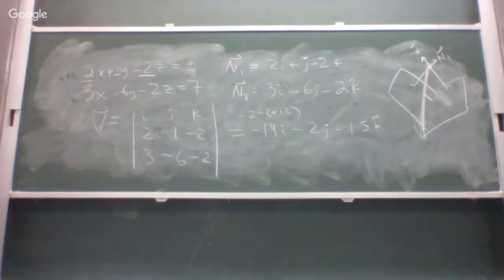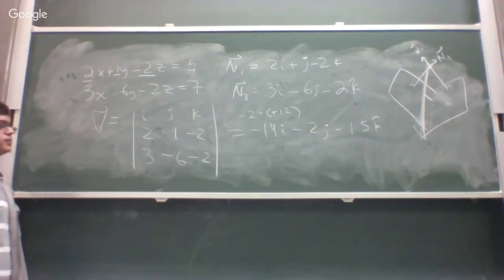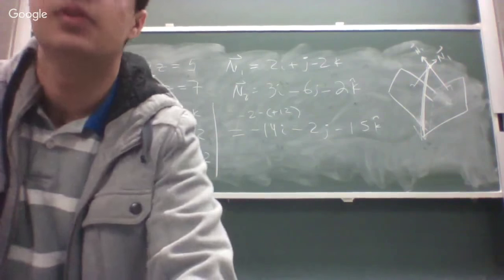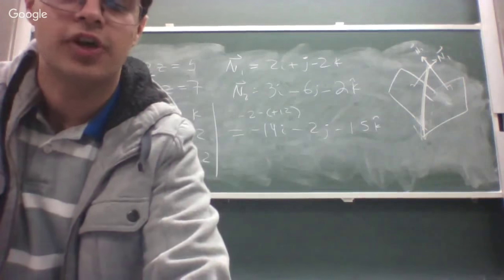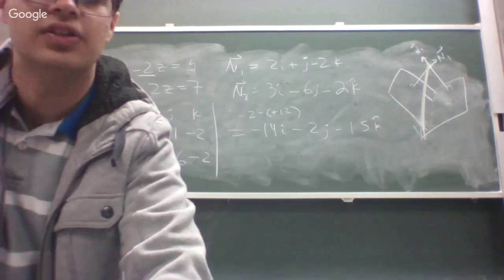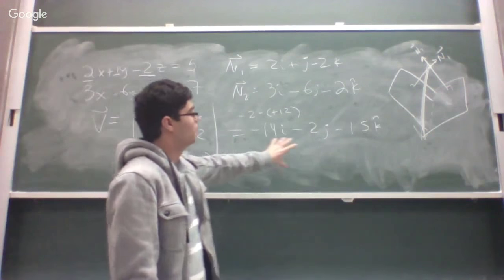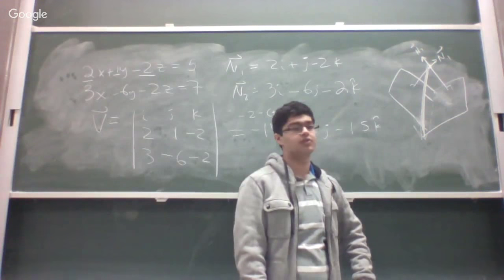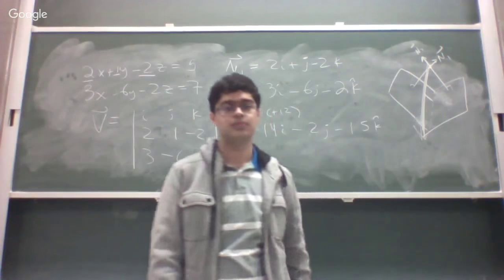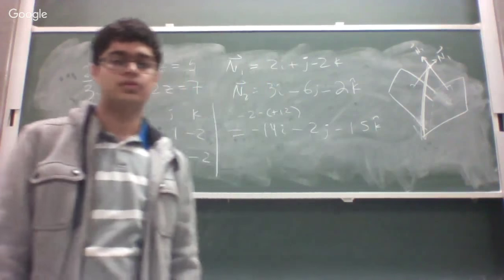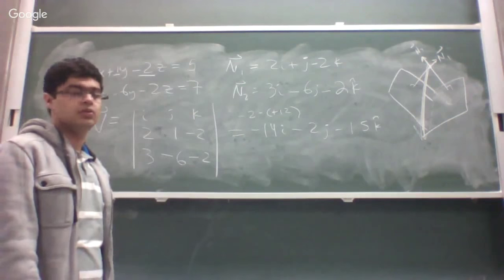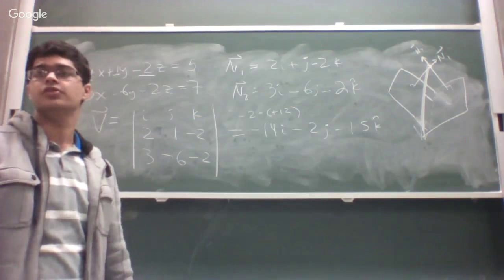Are we good? What were we asked to find? We're trying to find the line of intersection. This now here is parallel to the line of intersection. Any questions?